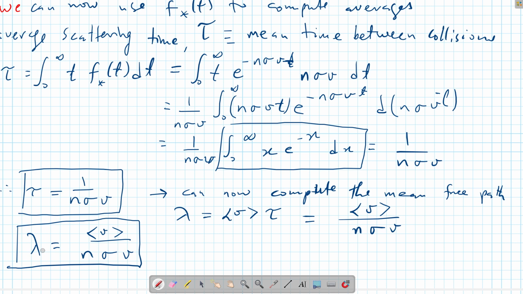We have arrived there, only that if we notice this v, what is it going to be? Is it really the average speed of molecules?